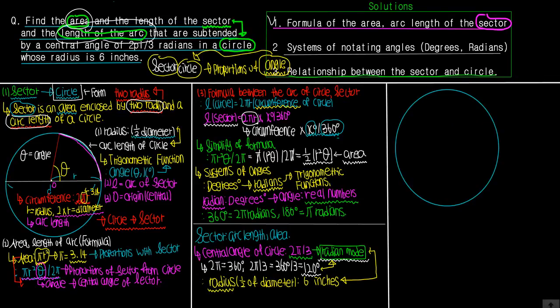Here's our circle, and the most important thing is our central angle, which I will notate as O. It would be x comma y if it were on the coordinate plane.